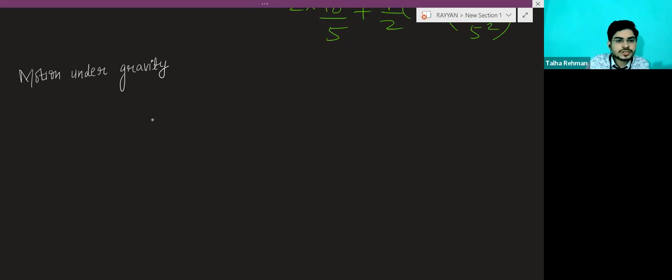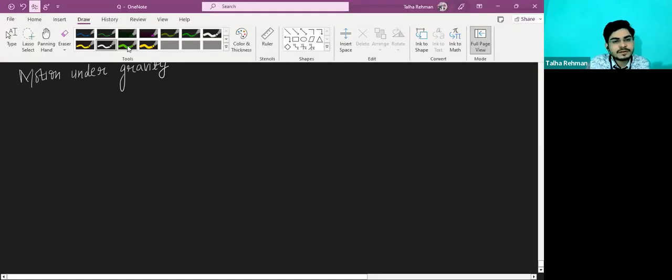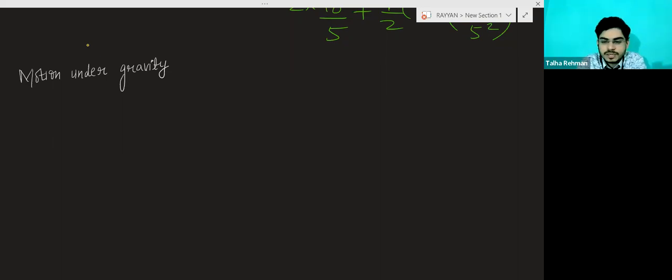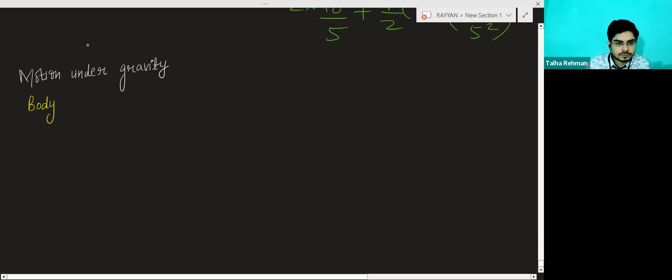For the motion under gravity we can write: the only force that is acting on the body is the gravitational force, and the body is performing the motion.